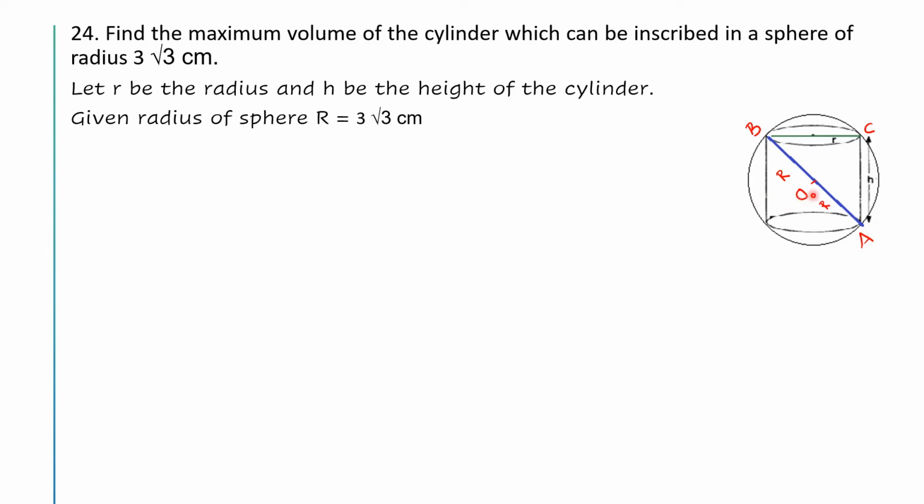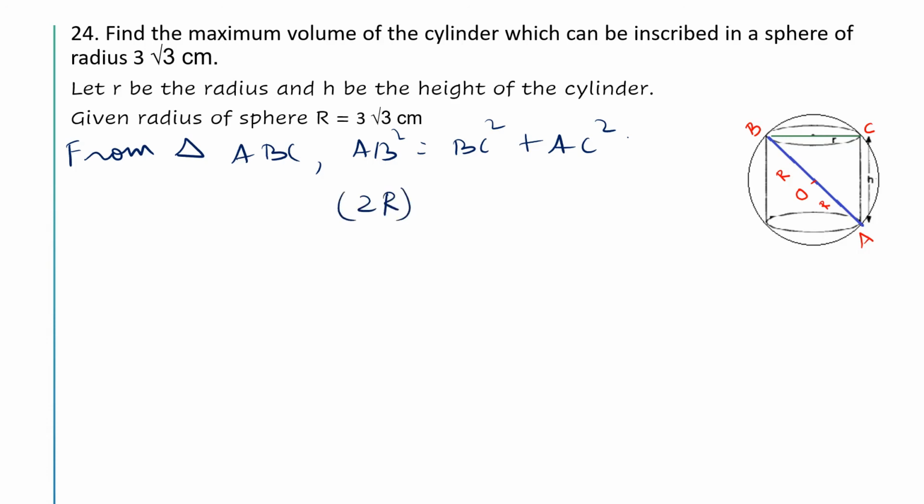So when we consider this as the center of the sphere, we have from this triangle ABC, which is a right angle triangle, AB square equal to BC square plus AC square. AB is nothing but it is 2r, that is the diameter of the sphere.